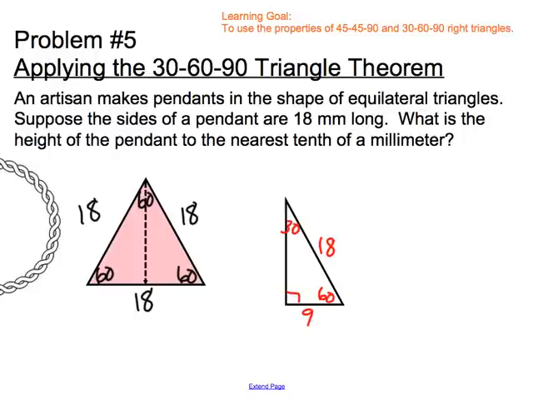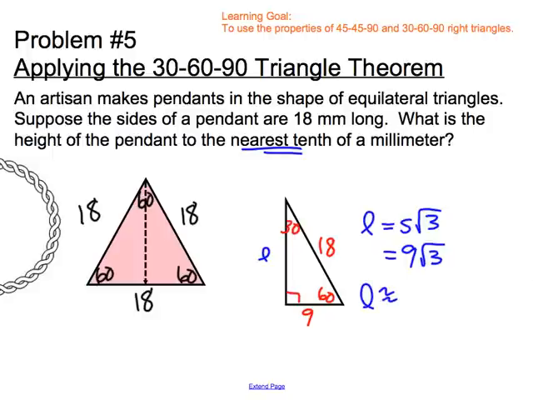Using our special rules for 30, 60, 90 triangles, we know that the long leg has to equal the short leg times the square root of 3. So the long leg in this case has to equal the short leg, which we know is 9, times the square root of 3. And since we're asked to round to the nearest tenth of a millimeter, we can just plug this into our calculator.